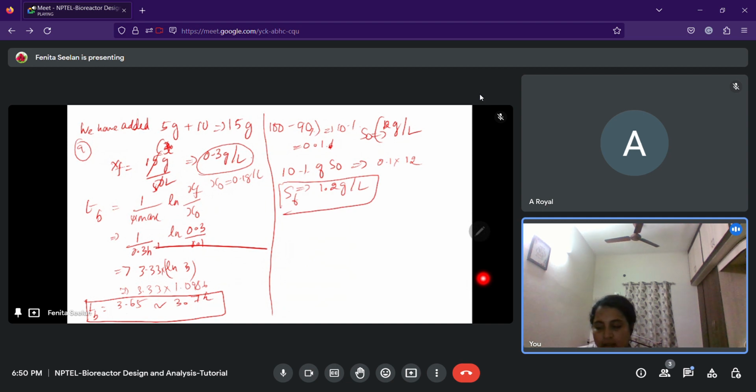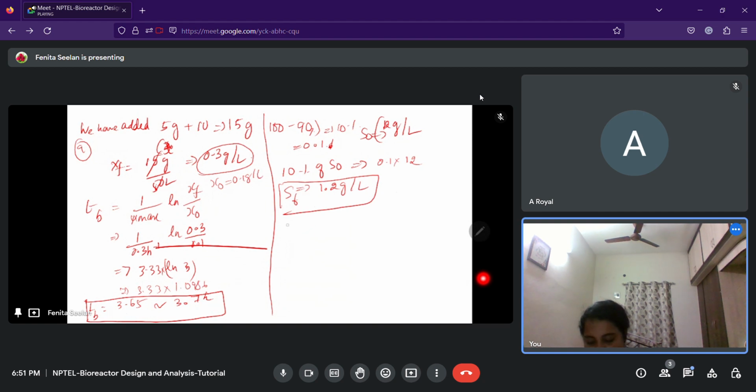In terms of substrate, we can write the formula for substrate conversion, which you would have seen while deriving the batch design equation.